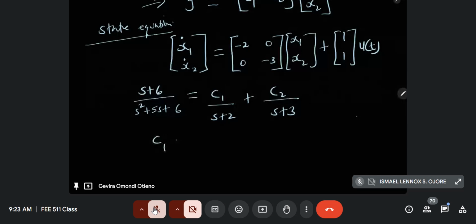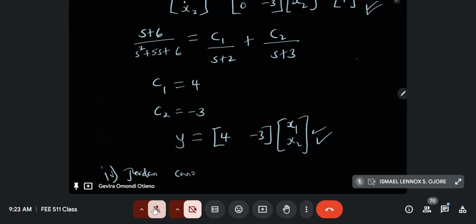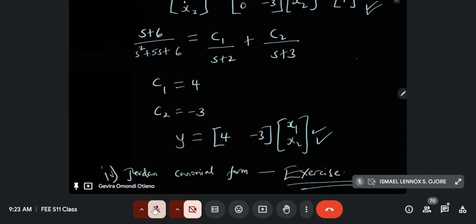The fourth one is the Jordan canonical form. Ladies and gentlemen, I'm forced to leave this as an exercise for you. Please go and solve it and obtain the solution, because I am already 20 minutes late.